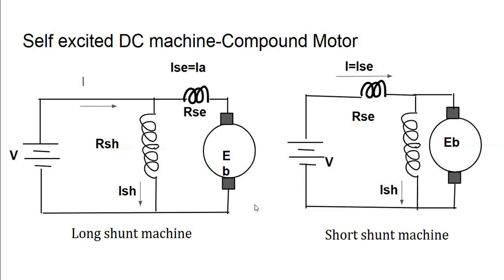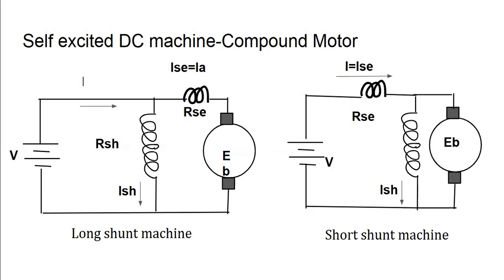In a cumulative compound machine, the series field and the shunt field will be aiding each other. That is, the direction of the shunt field and the direction of the series field will be aiding each other. For a differential compound machine, the directions of the shunt and the series field will be opposite to each other.